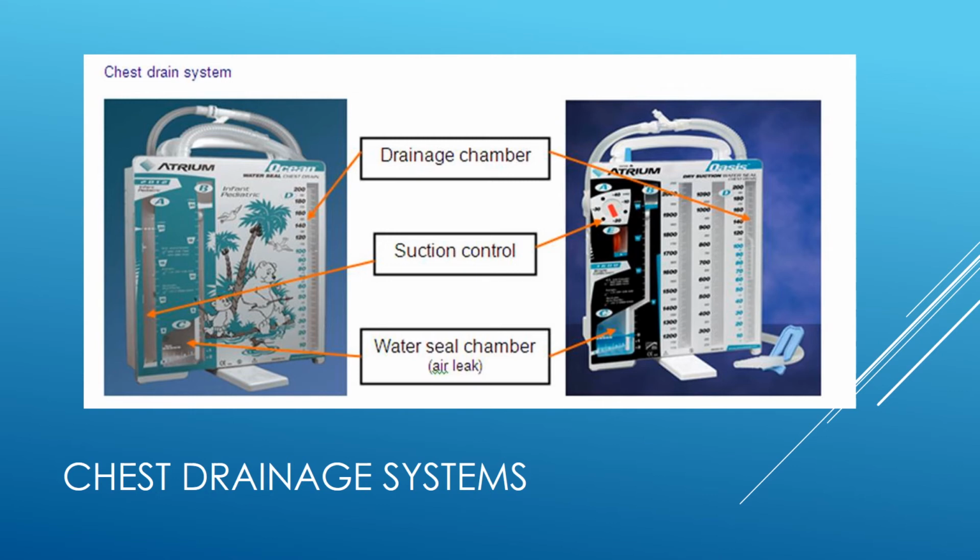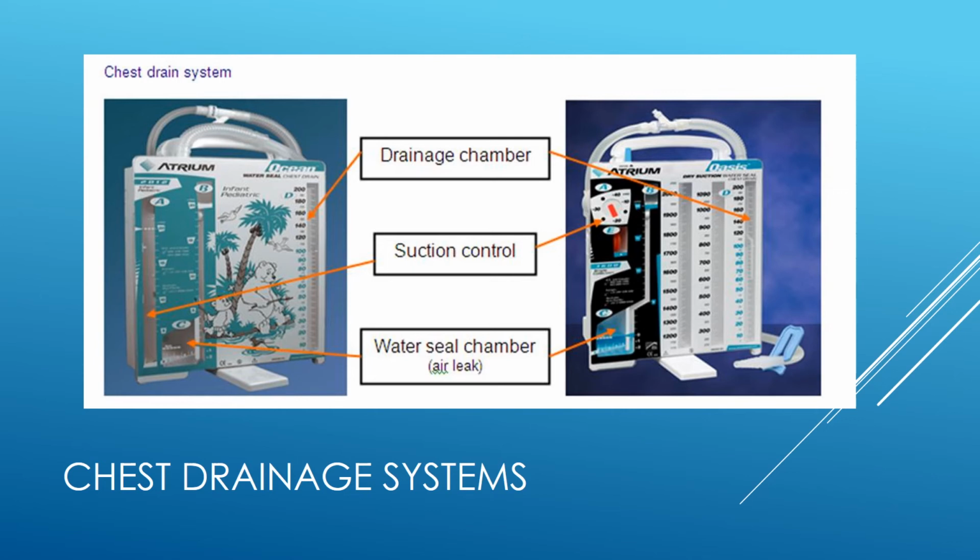So this here, where that little white ball will kind of sit and go up and down, when it comes down, if there's an air leak within the system, within the chest drainage system or the chest tube itself, you're going to see continuous bubbling in C chamber, in the water seal chamber. You do not want to see continuous bubbling in these chambers, okay? You do not want to see it because that means there's an air leak within the system, and the system's not going to work properly if there's an air leak, okay?